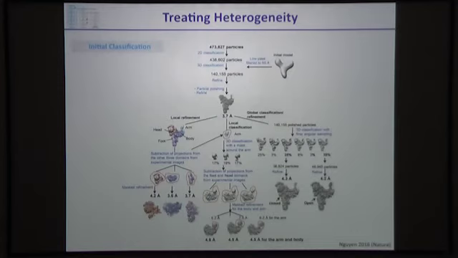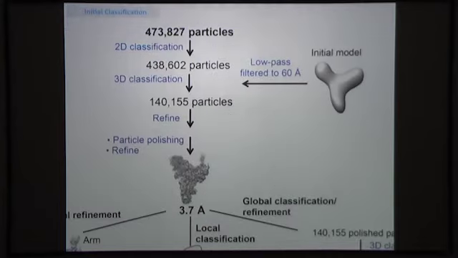I'm going to use this quite impressive classification scheme from a spliceosome, from Kelly in Kios's lab, because I think it really goes through all the different possibilities that you can use. You can see that at the beginning they start with 500,000 particles. After 2D classification, they get rid of some of the probably only false positives.